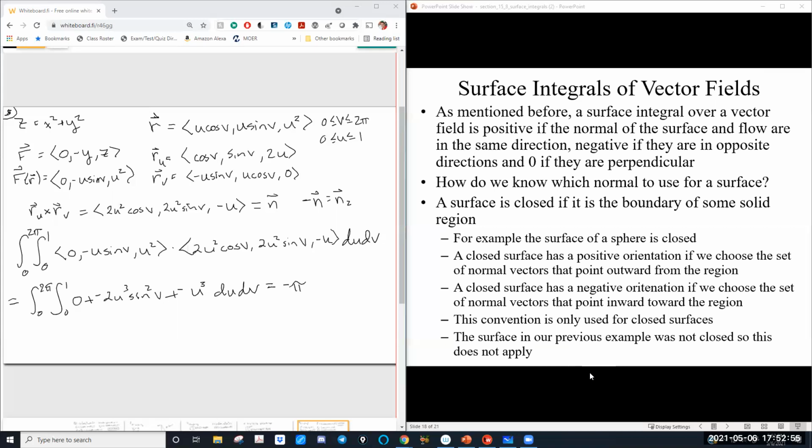Like I said, don't think that's going to be something where, oh my gosh, how am I going to choose the orientation? If it's just a surface, it'll be given to you. And if it's a closed bounded surface, like a sphere, or we're going to do a closed hemisphere here in a few examples, outward is automatically the positive. So you'll be given it, but I just want to let you know that.